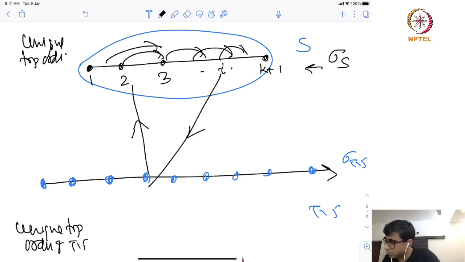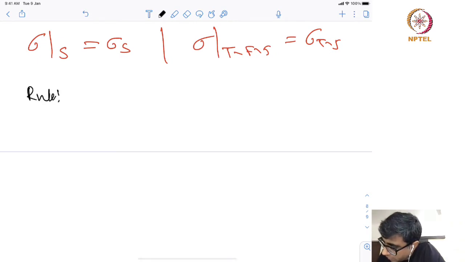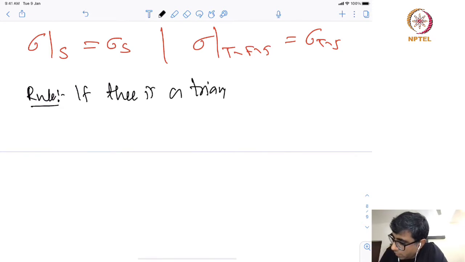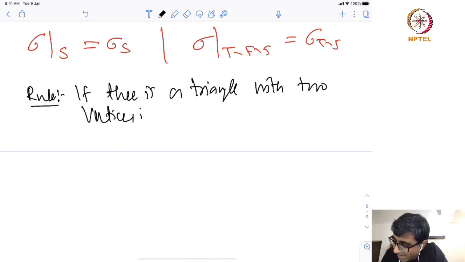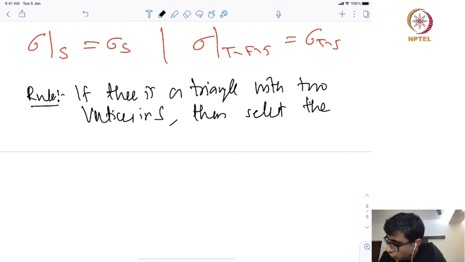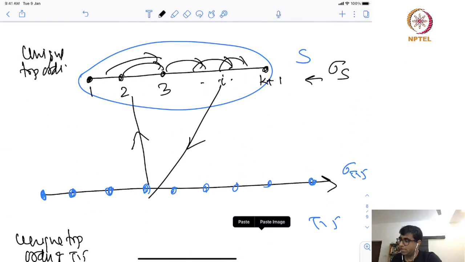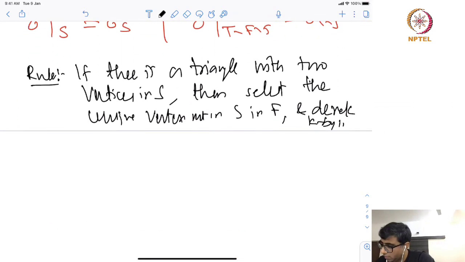What is the reduction rule? The rule is: if there is a triangle with two vertices in S, then select the unique vertex not in S into F and decrease k by 1.